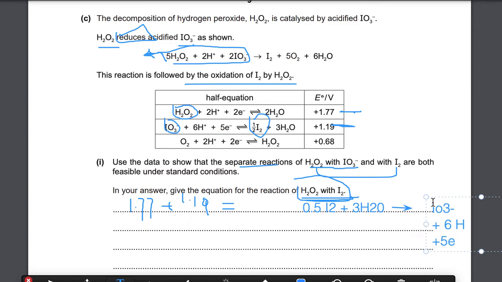Okay, so that's how it goes. So this is the answer.